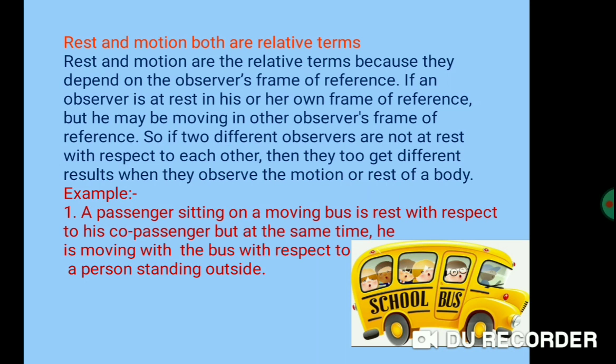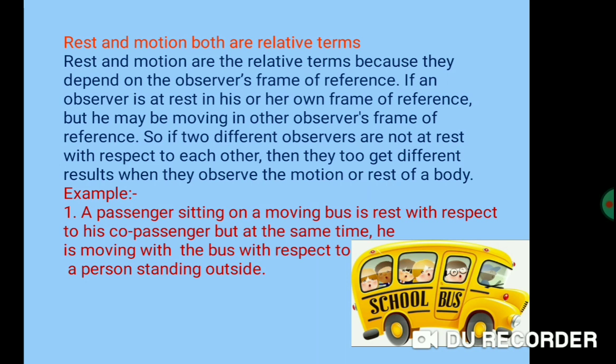Example number 1. A passenger sitting on a moving bus. You can just imagine a passenger sitting on a moving bus is at rest with respect to his co-passenger. When we are sitting in a bus, we all are at rest with respect to our neighbors, our co-passengers.